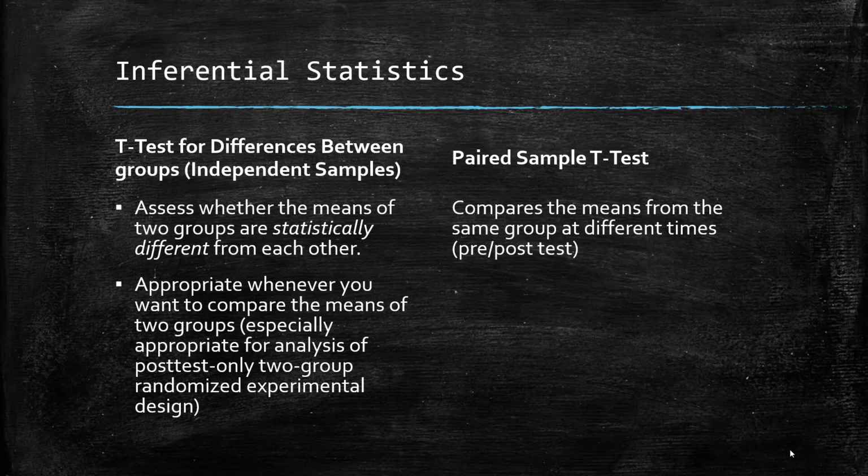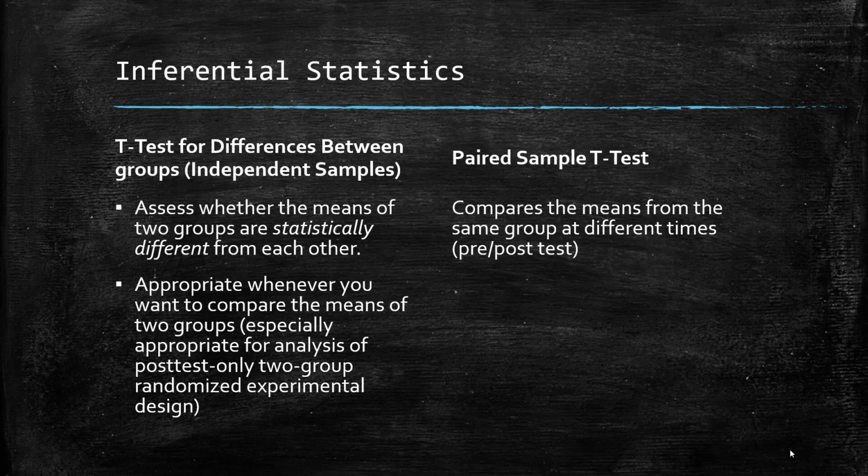The paired sample t-test compares the means from the same group at two different times. So maybe I want to compare the mean of work-life balance for administrators before and after I do an intervention.